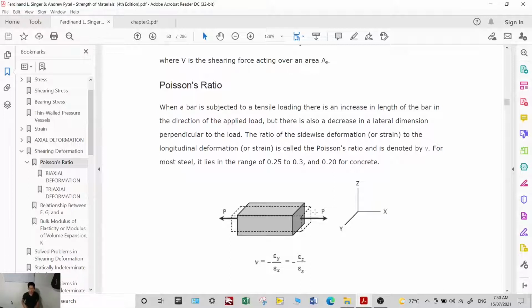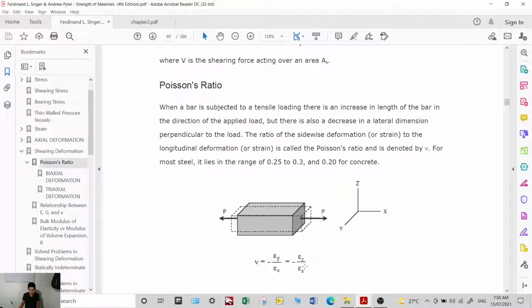Okay? So the question is, how much is the deformation in the y direction or in the z direction with respect to your load applied in the x direction? So in order to get that, we need the Poisson's ratio.